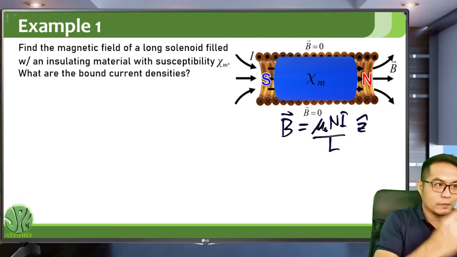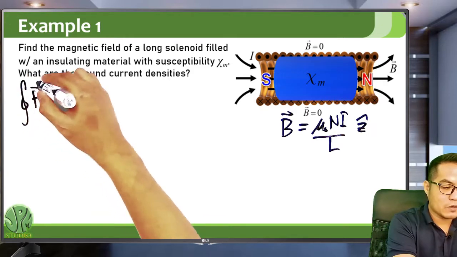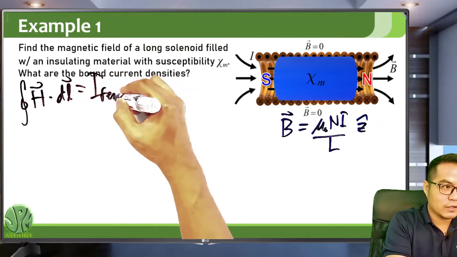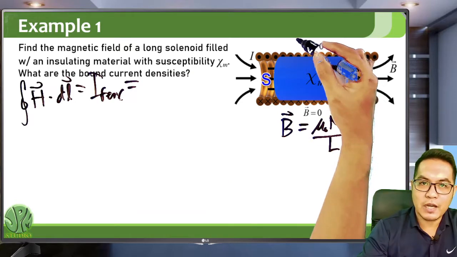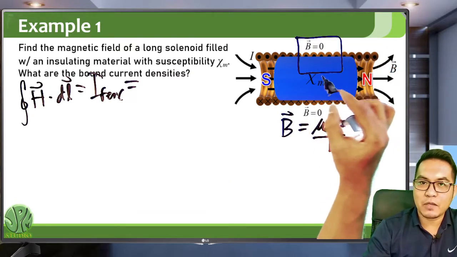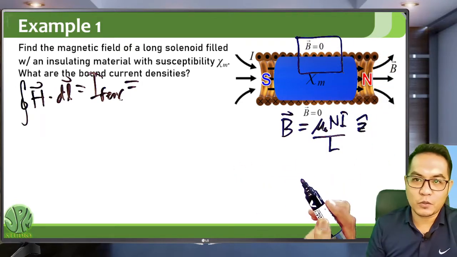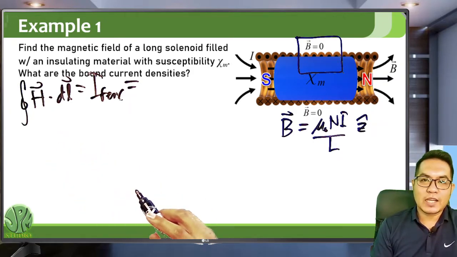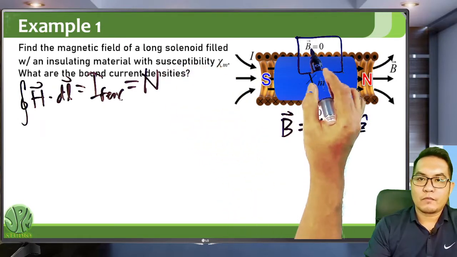So we will use Ampere's law for magnetized objects. You have the integral of H dot dl is equal to the free current enclosed. Our Amperean loop is actually like this now. Again, only this side will matter. The other sides of the loop will not contribute to the integral. So the total current enclosed will be the number of wires enclosed.